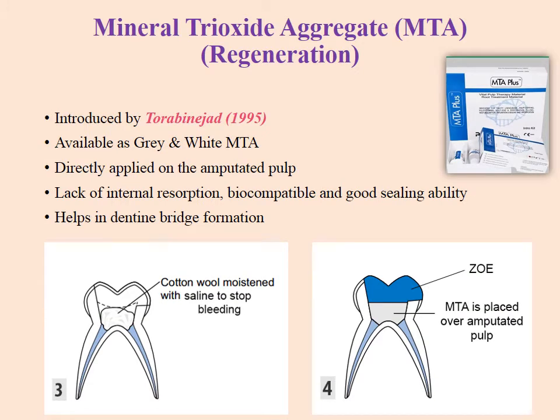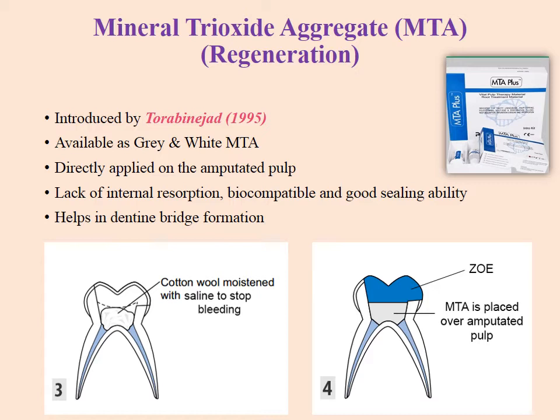The next in the classification is regeneration. Under regeneration we have mineral trioxide aggregate, which was introduced in the year 1995, and it is available as grey or white MTA, which is applied directly onto the amputated pulp.